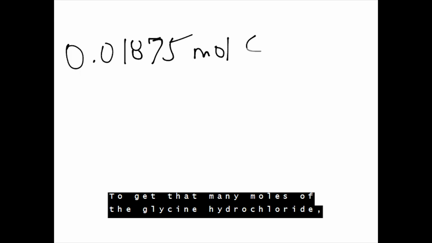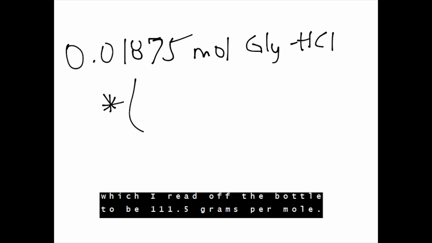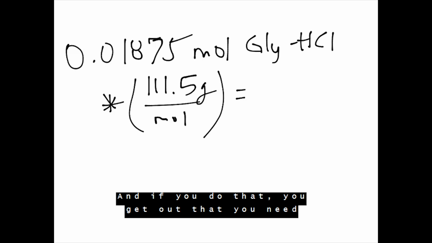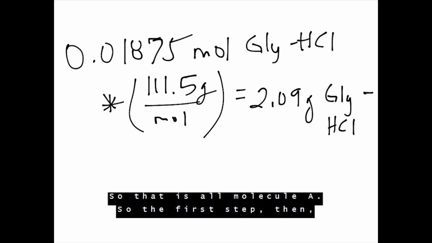To get that many moles of the glycine hydrochloride, I need to multiply that by its molar mass, which I read off the bottle to be 111.5 grams per mole. And if you do that, you find that you need to weigh 2.09 grams of the glycine HCl. So that is all molecule A.